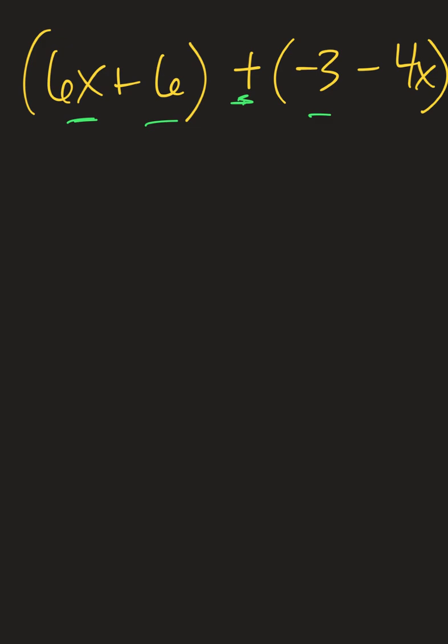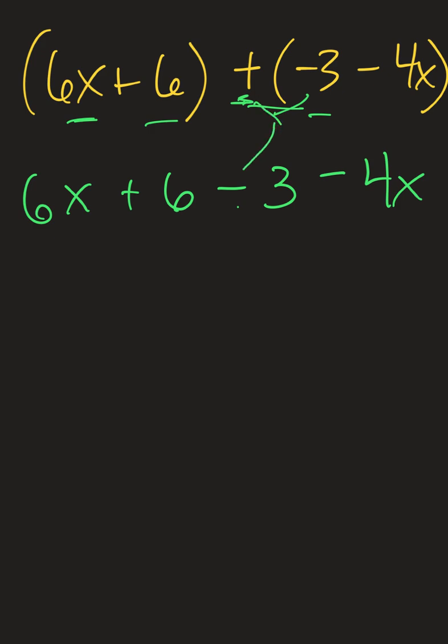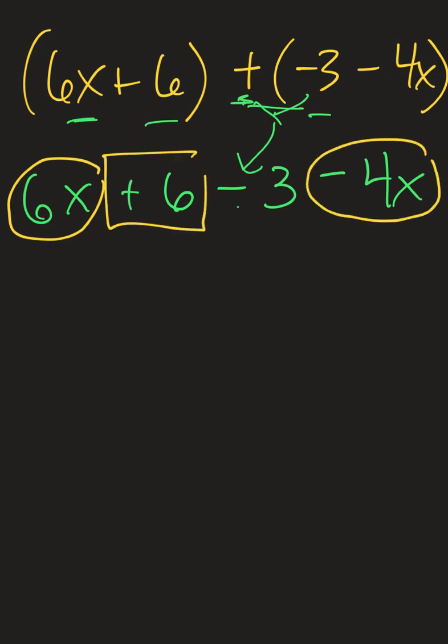Because it's a plus, there's nothing to distribute here, so I'm simply going to rewrite it without my parentheses, and plus a negative is just a minus sign here, if you notice how I did that, okay? So now I'm going to circle my variable terms, and I'm going to box in my constant terms. Notice I included those minus signs there.